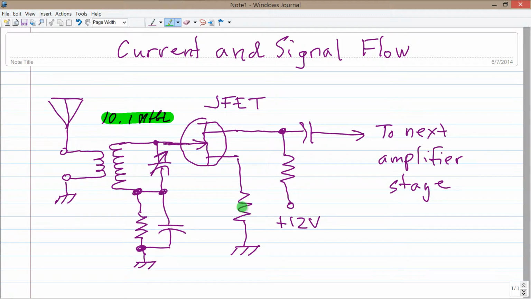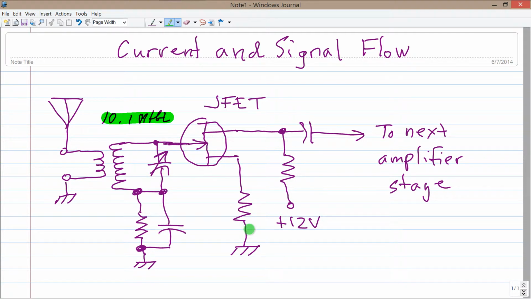This resistor provides the proper voltage on the source, so the signal flows through here, and that regulates the amount of current that can flow through this channel of the junction field effect transistor, sort of like squeezing on a garden hose and then releasing it, and squeezing it and releasing it millions of times per second. That changes the intensity of the current, the direct current that flows through this circuit.